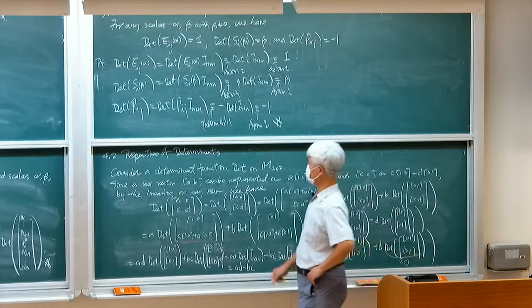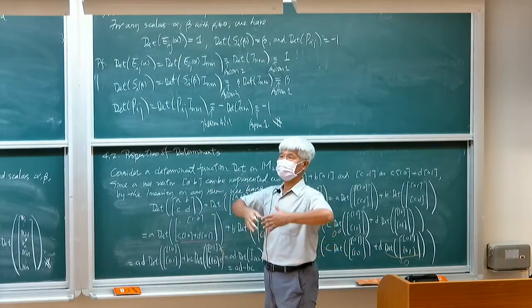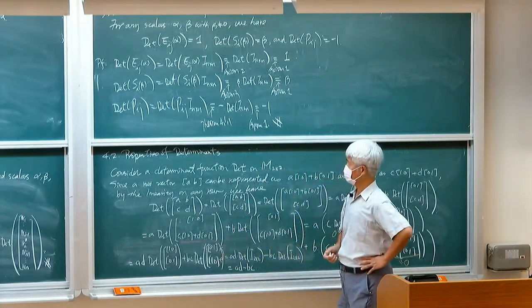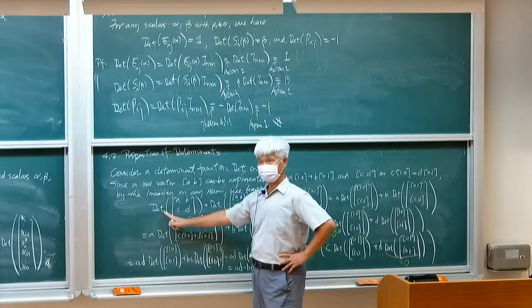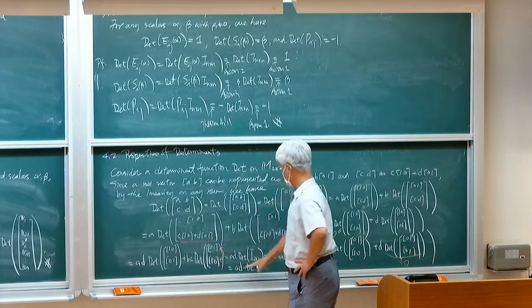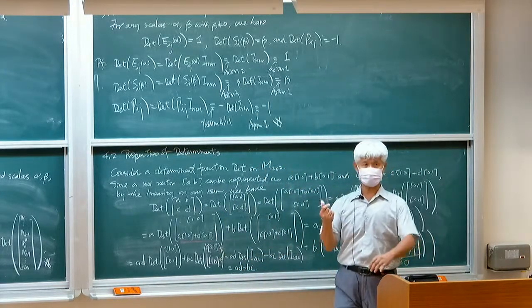So we start with an arbitrary determinant function. If we have any determinant function on 2 by 2 matrices, then the value of this determinant function must be AD minus BC. So the value is unique.